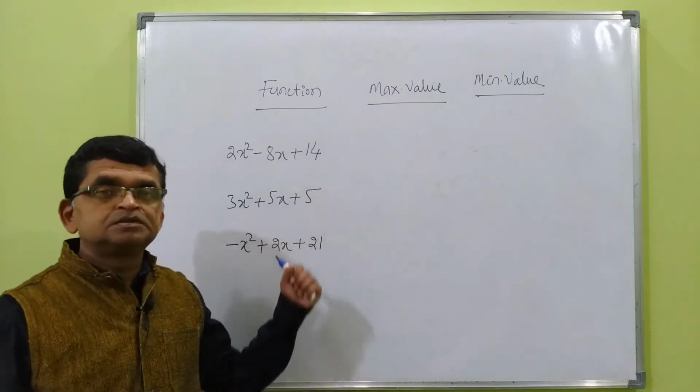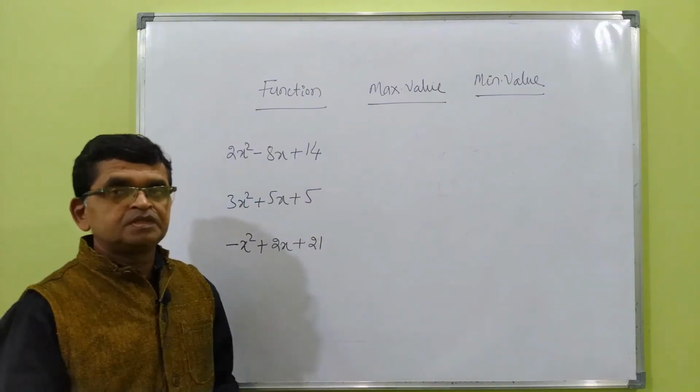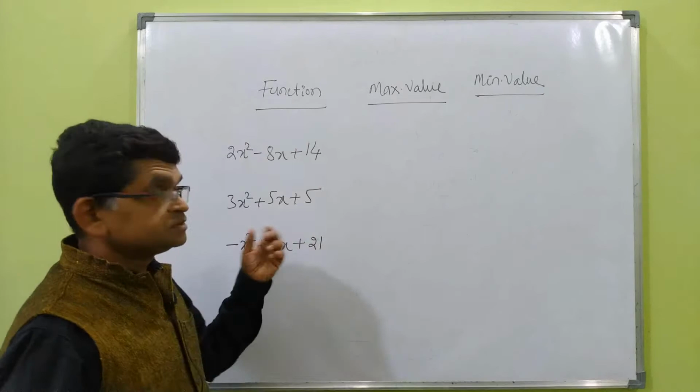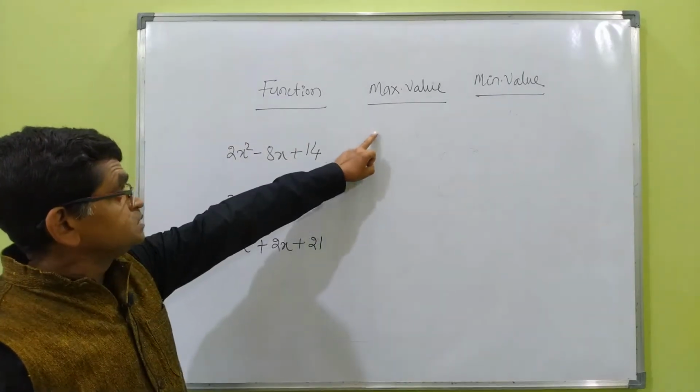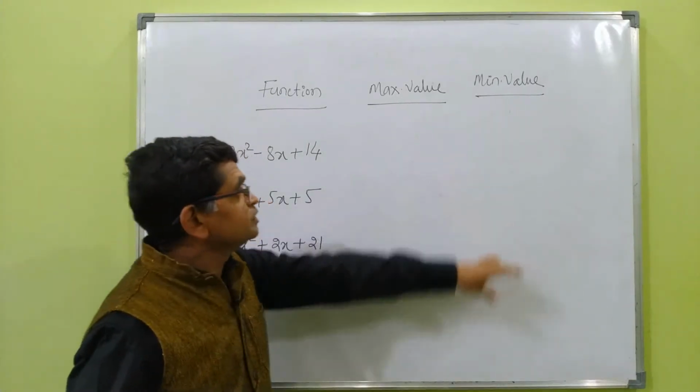Proceed. Consider these examples. These are the quadratic functions. The maximum value and minimum value we have to find.